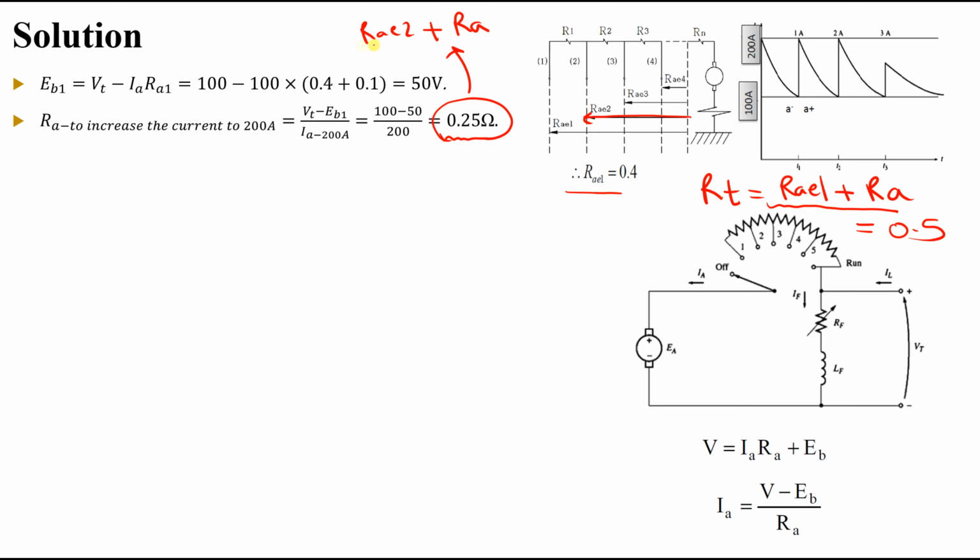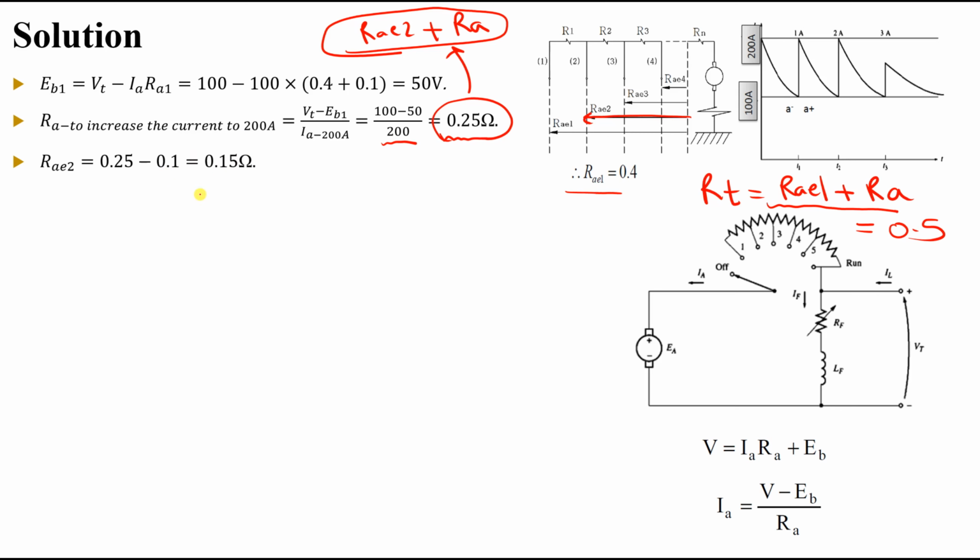This is the total resistance that will make it 200 amperes once more. So in order to get RE2 only, I will subtract the armature value from this value. So it will be 0.25 minus 0.1, which is the armature resistance, gives us 0.15 ohms.